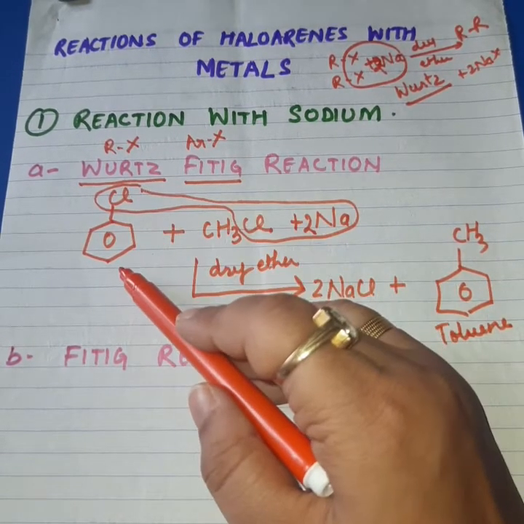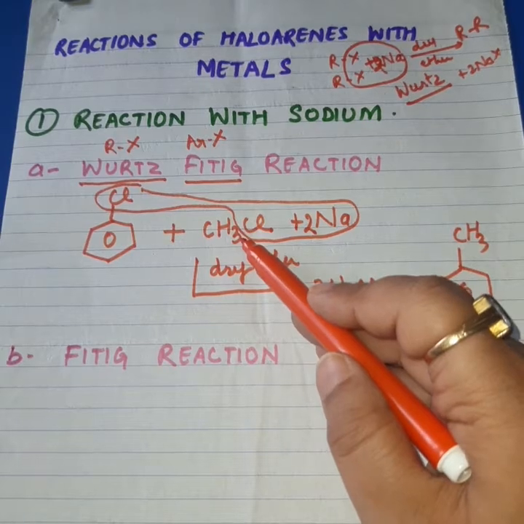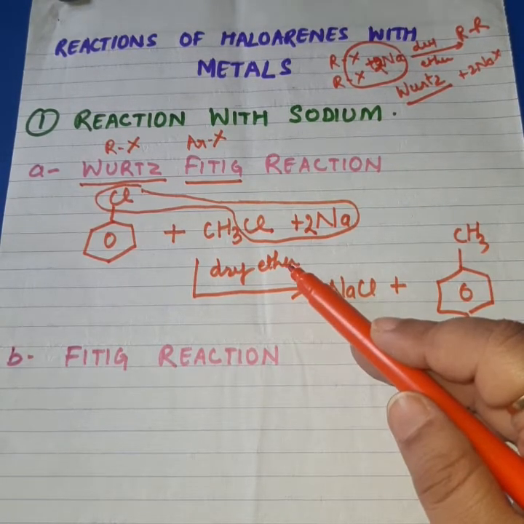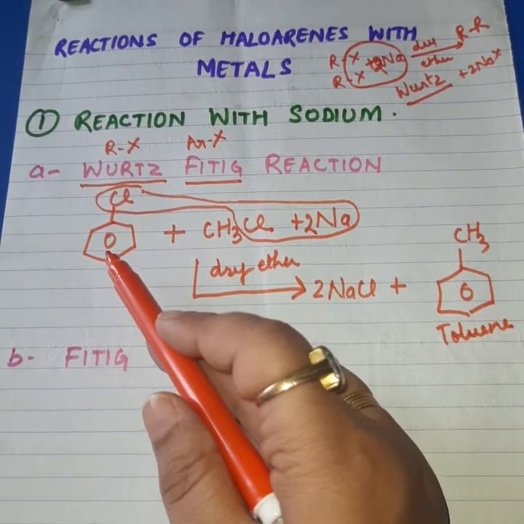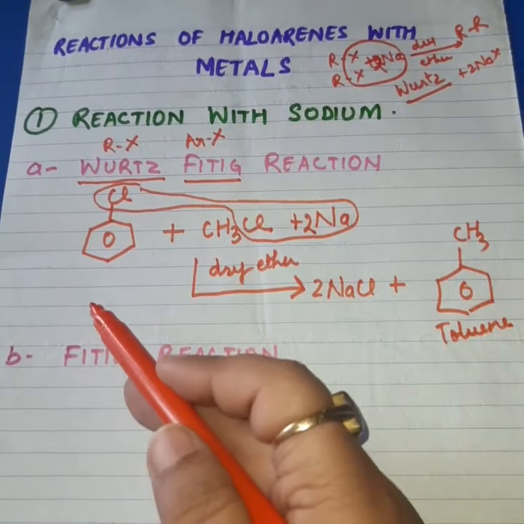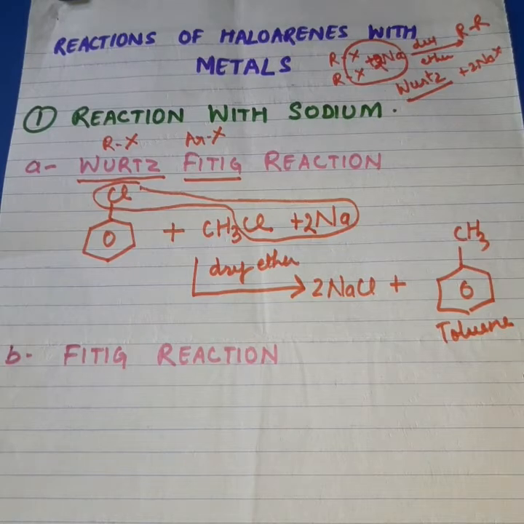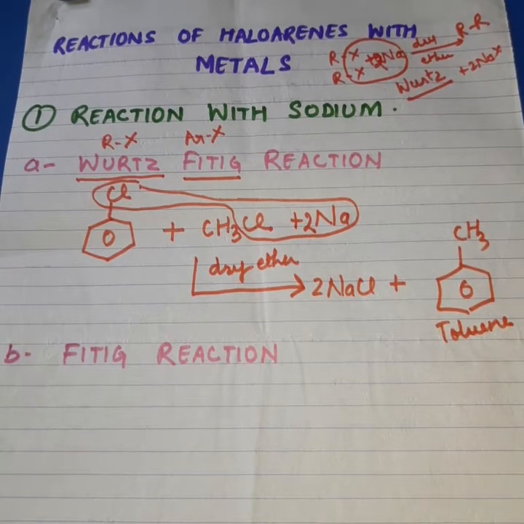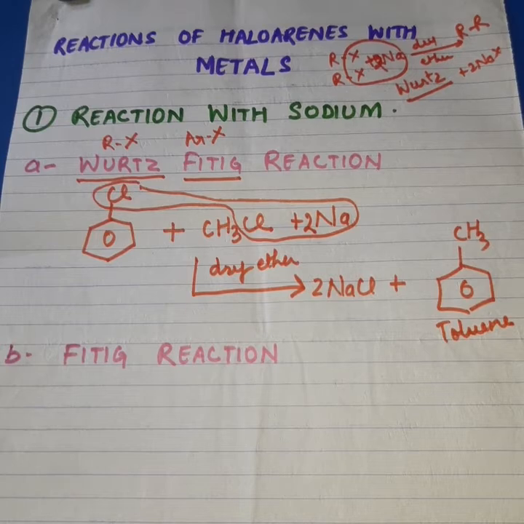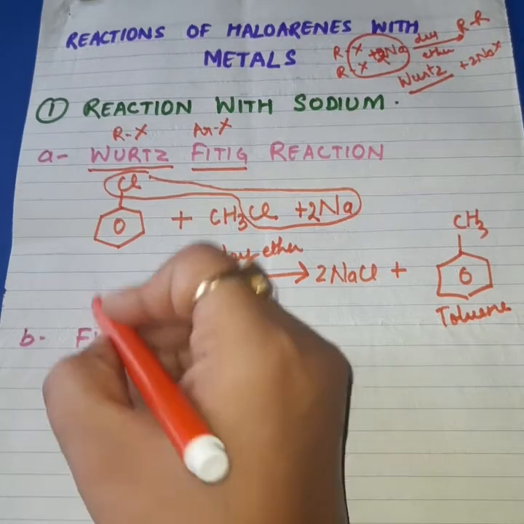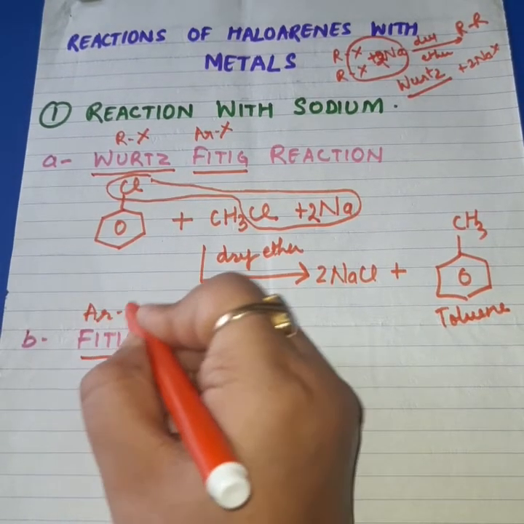When one aryl halide reacts with an alkyl halide in the presence of sodium and dry ether, they convert into an aromatic hydrocarbon, that is toluene. Now the Fittig reaction. Here only one name is there, Fittig, that means it's a reaction of only aryl halide, ArX.